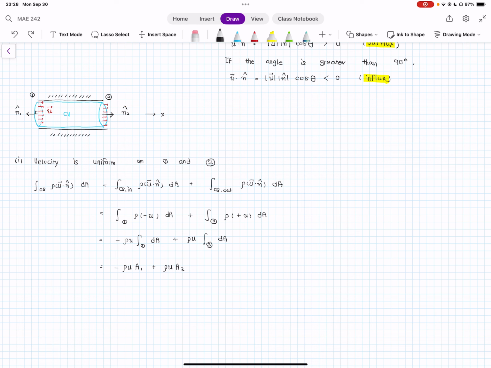If the areas are different, then it's not going to be 0. But say if I call these capital U1 and U2, then perhaps this expression should be minus U1, and plus U2.